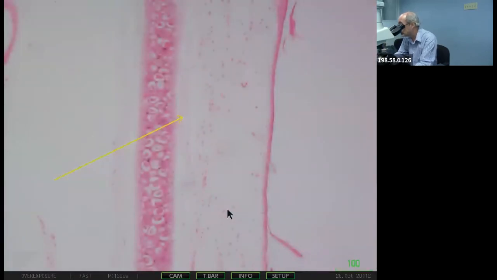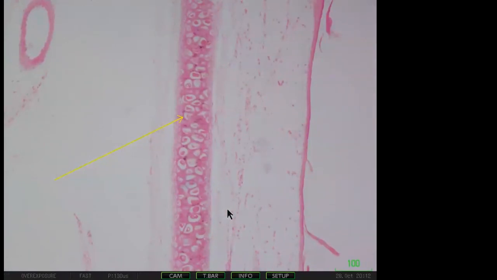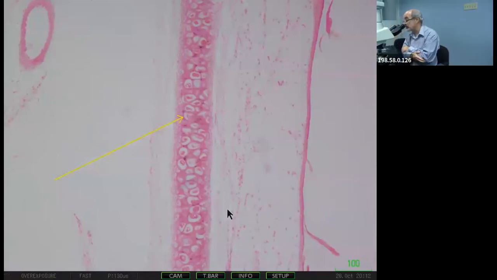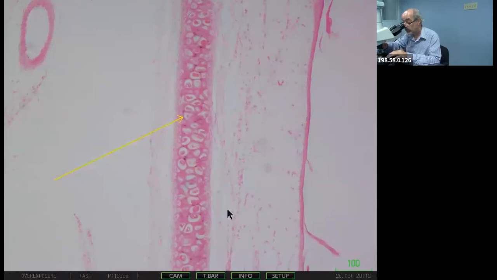What do you think is that one? Elastic cartilage. Good. Elastic cartilage. So where can you find it? The pinna of the ear. Yes, the pinna.